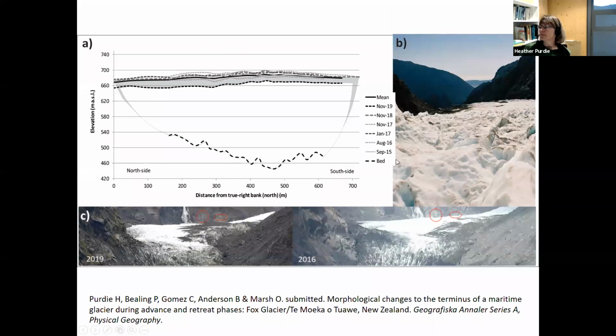We set all this up back in 2015 and then regularly surveyed the surface elevation, and that's ongoing work. Of course, as you can see by the picture here on the right-hand side on B, this is the reality of walking around on a glacier, as most of you will be very familiar with. It is not smooth and flat, so naturally any of your surface elevation profiles are going to have a reasonable variability.